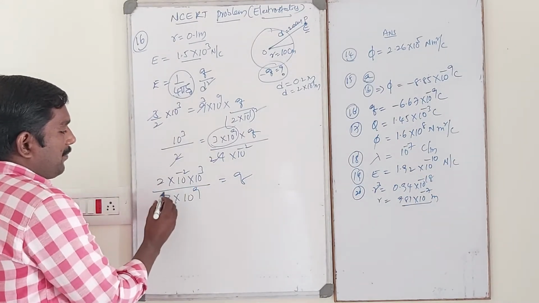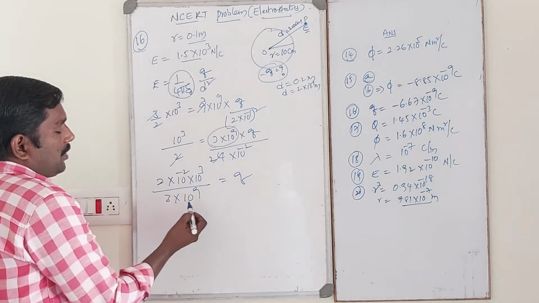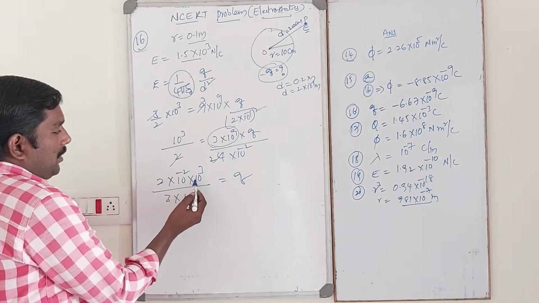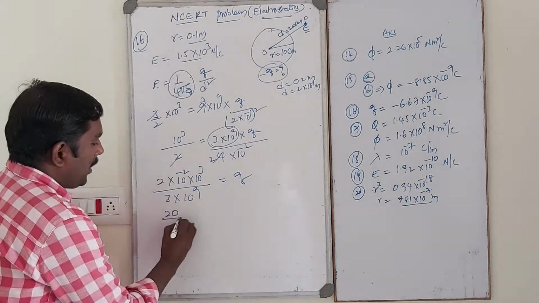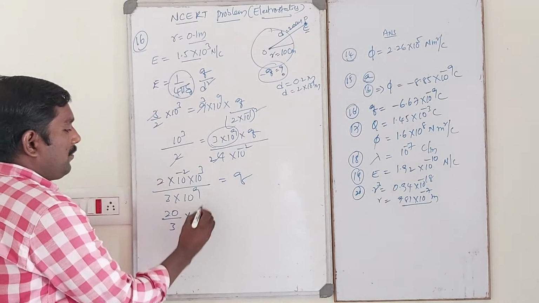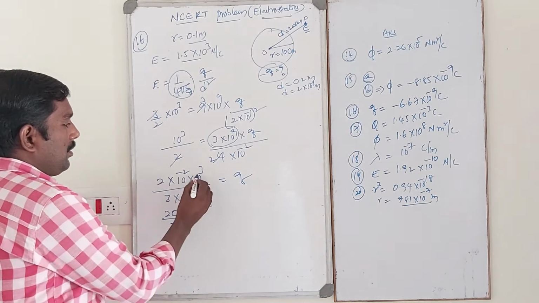So it is converted into 20 by 3 into, of course, 10 power minus 2.